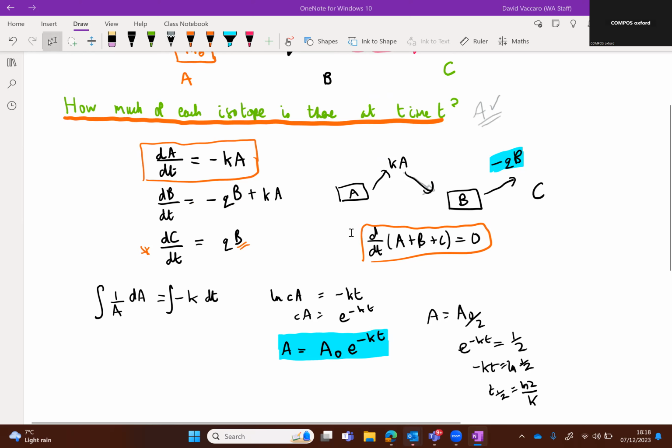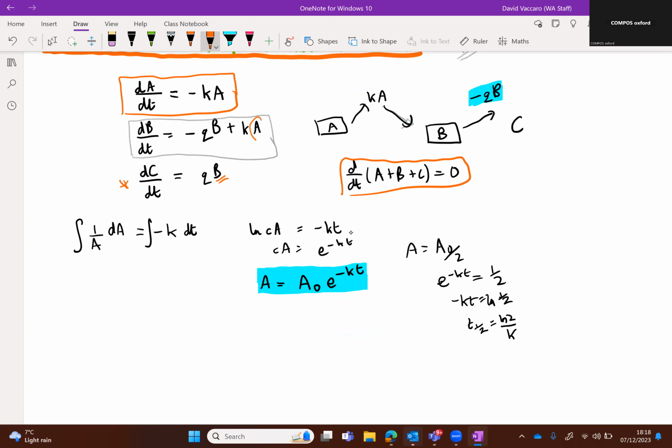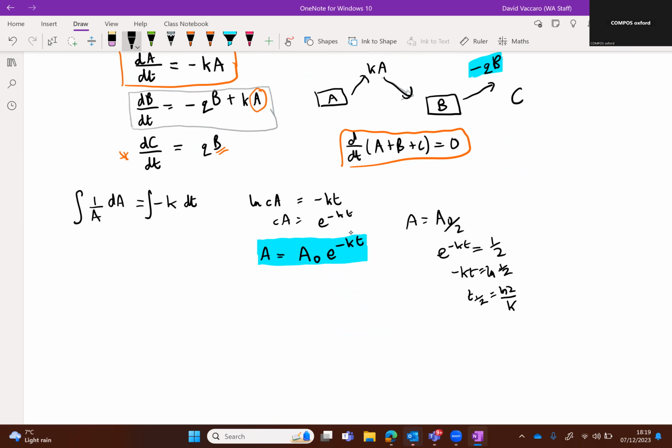So now I'm in a position where I'm able to solve the second equation, dB by dt is equal to minus QB plus KA, because I now know an expression for A. So I can now use this expression for A in my second differential equation.